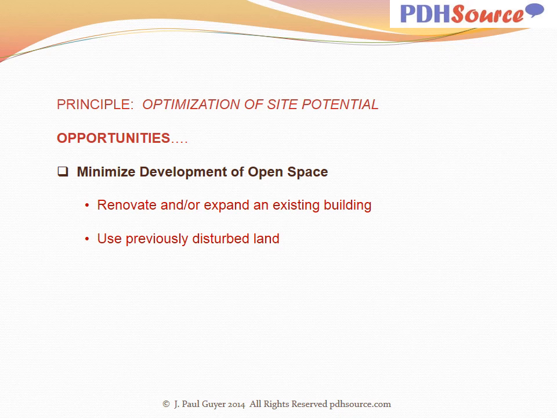Well, one way that you can do that, of course, is to reduce the footprint of your building. So if you need a 50,000 square foot building, it can either be a one-story building or it could be a five-story building. If you make it a one-story building, you are going to have a footprint of 50,000 square feet.